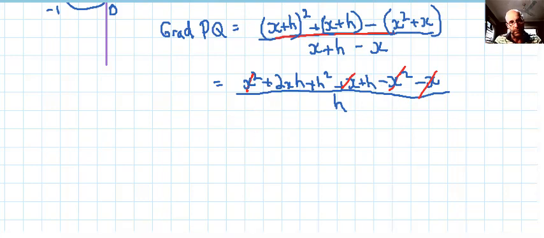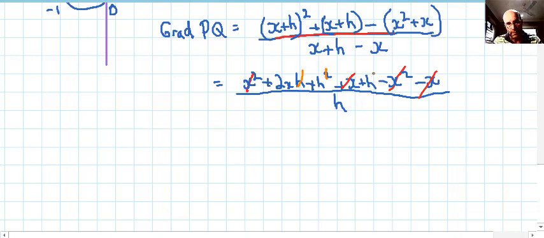Okay, now we can divide through by a factor of h. Now just be careful when you cancel out h like that, it does leave a 1 there. Alright, and that 1 is needed because it's part of a sum.